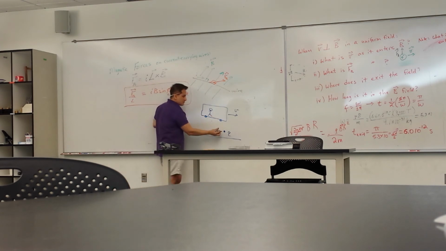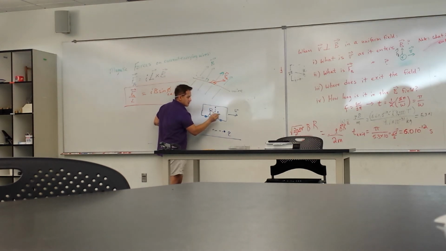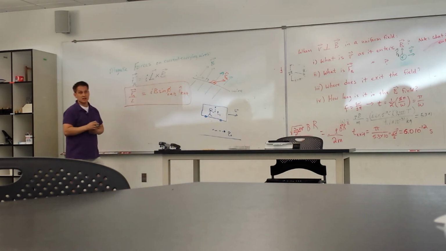With respect to him, the charge appears to be moving this direction. Okay? So, if he were then to simultaneously take his pet electron and toss it up into the air, that's Q naught and Q1, the interaction that he would see would be a magnetic one.